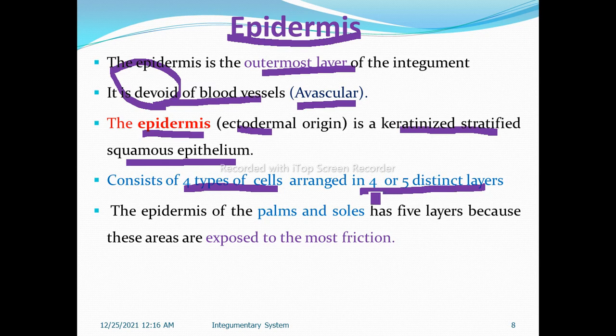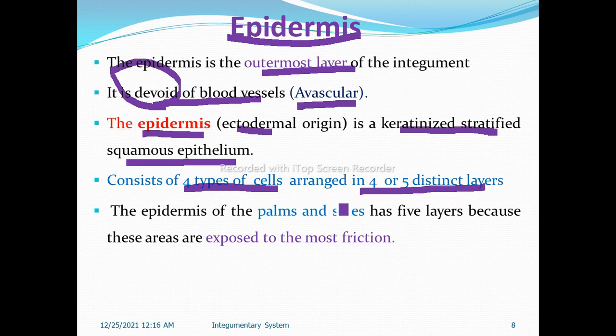Because palms and soles are thick and hard. The soles of the feet and palms of the hands have 5 layers, because most of the time they are exposed to friction. Due to that, they contain 5 layers.